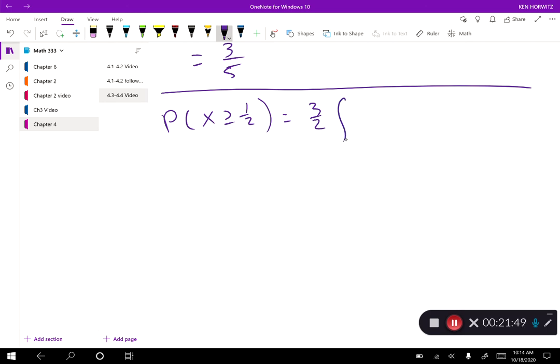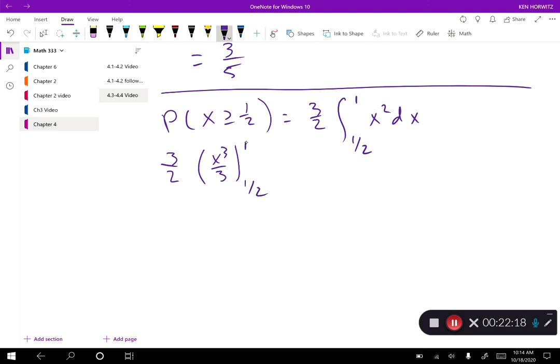I'm going to integrate between 1/2 and 1 because those are my defined values. My function again is c times x squared, so just x squared. So I'm just going to do the integral: 3/2 times x cubed over 3 between 1/2 and 1.